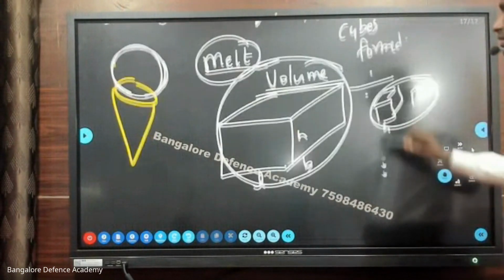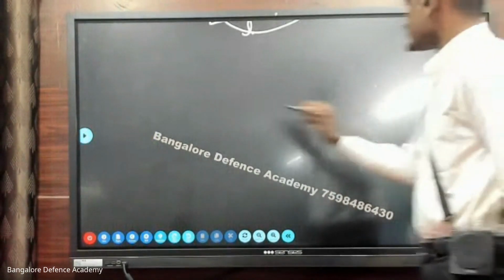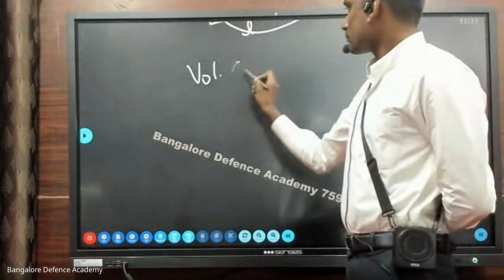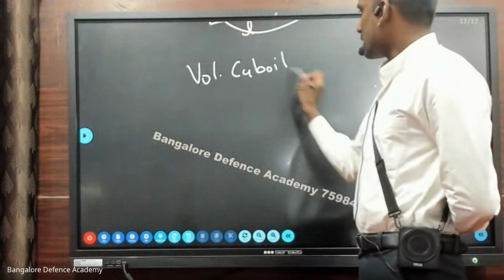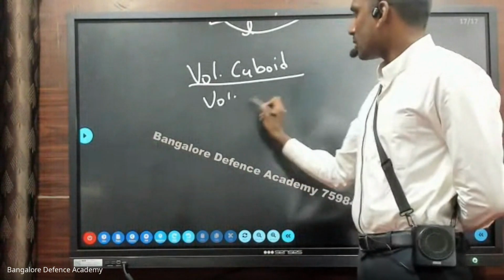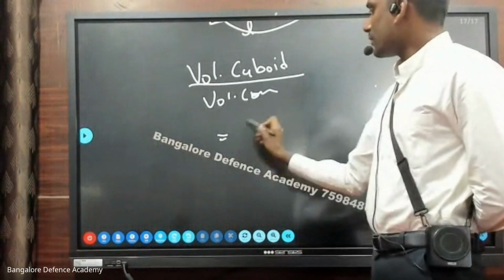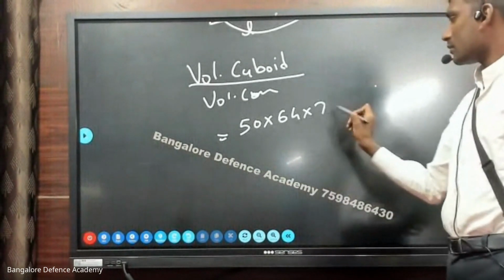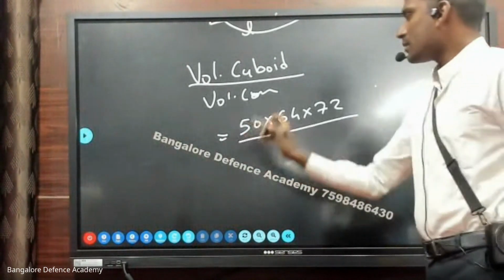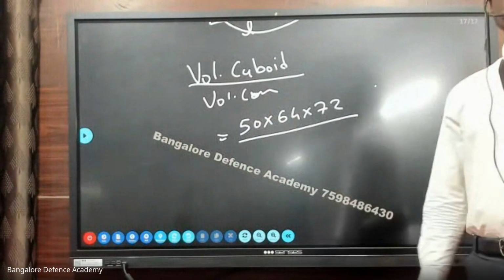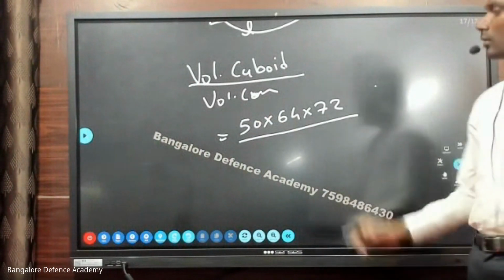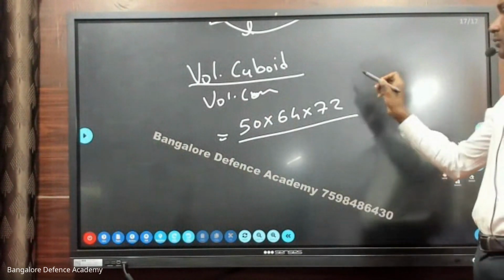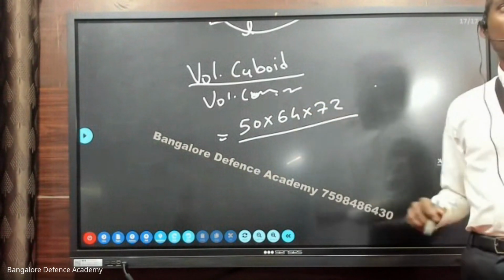Now tell me what data is given? Length, breadth and height. So volume of cuboid divided by volume of cube. Okay, 50, 64 and 72 divided by volume of cube. How many cubes did you get? I don't know yet. But what is the volume of the cube? Side cubed.